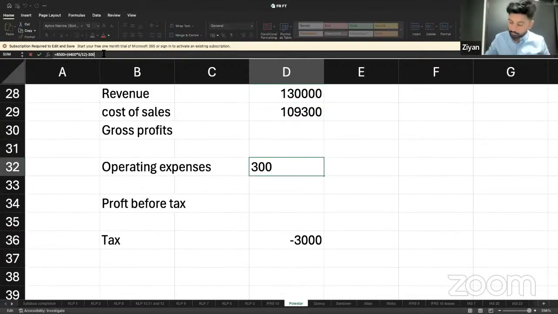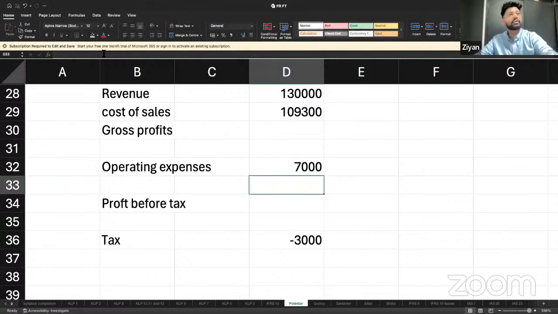Therefore, I come here minus 1,425 and 1,975. Therefore, it comes down to 7,000. Understood? Everybody online, understood? Clear?